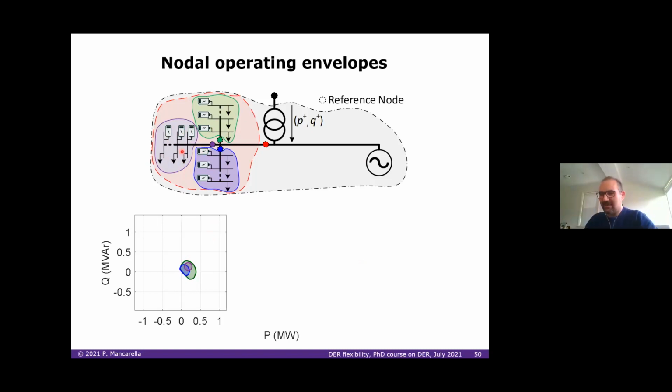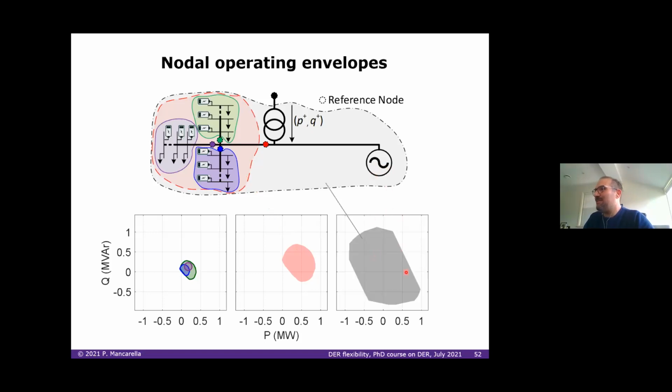Basically, you scale this. Each of these areas, for example a low voltage network, can be modeled as a nodal envelope. And then I aggregate these three regions here. It's a new envelope. And now I have bigger and bigger areas. And then in here I have a relatively large scale generator, and I have a new envelope.